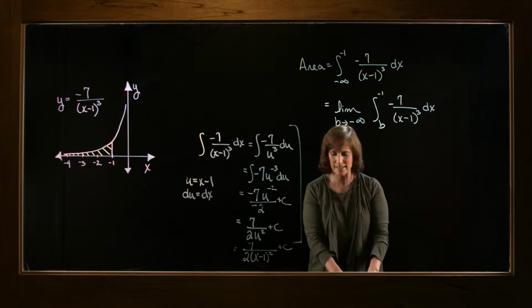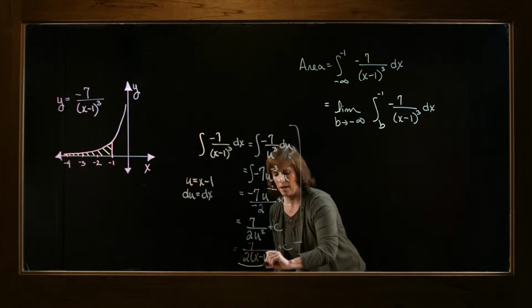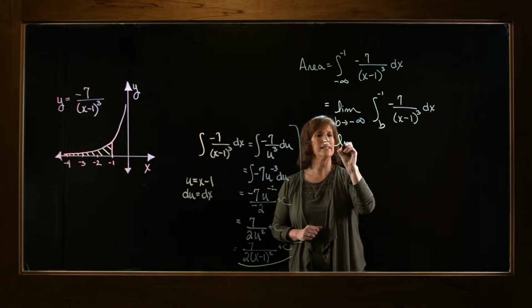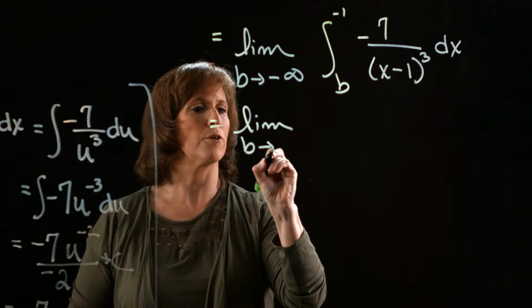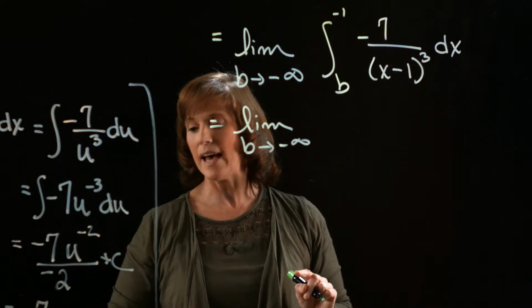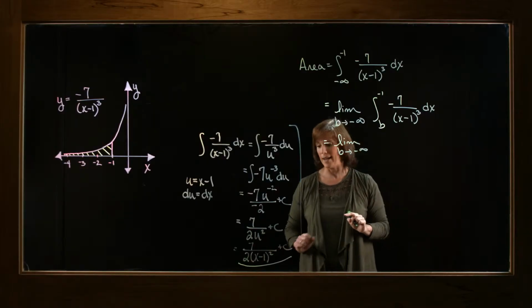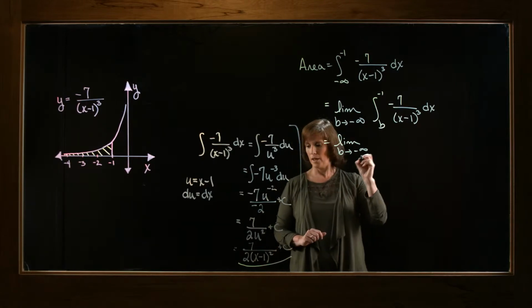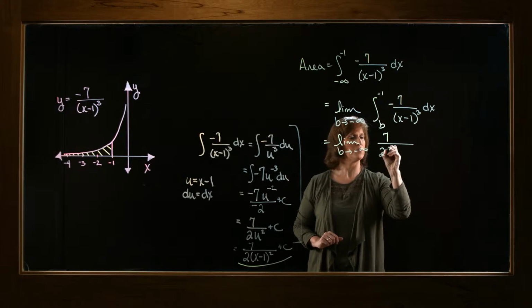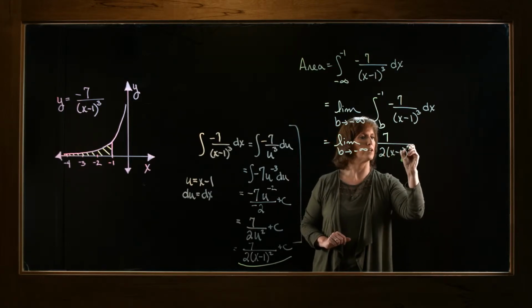Now I'm ready to use this information in my definite integral. So I still have the limit as b approaches minus infinity. This integral is going to be 7 divided by 2 times the quantity x minus 1 squared. So I'll just replace this with 7 divided by 2 times the quantity x minus 1 squared.